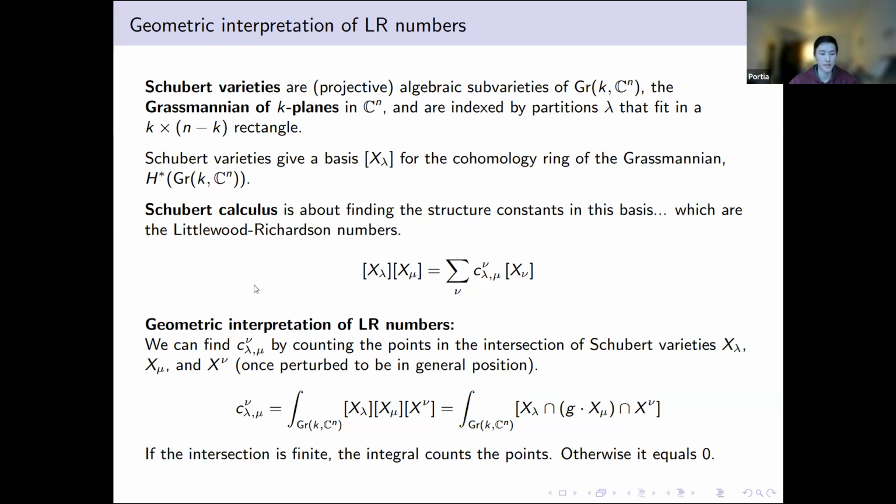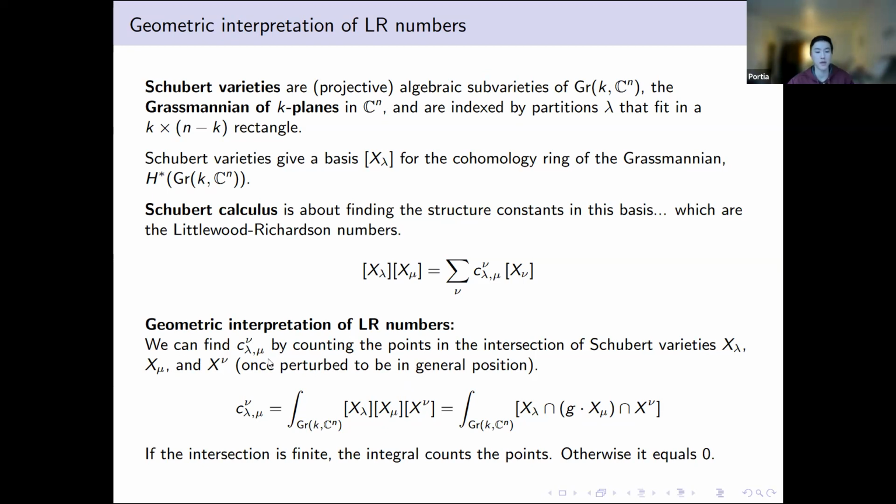This thing that I showed earlier, the way we can solve that problem in terms of geometry and intersection theory, or enumerative geometry, is the following. If you want to find c^ν_{λμ}, you take the Schubert varieties indexed by λ, μ, and ν, except this one is an opposite Schubert variety indexed by ν, and I'm not going to give any detail about that.